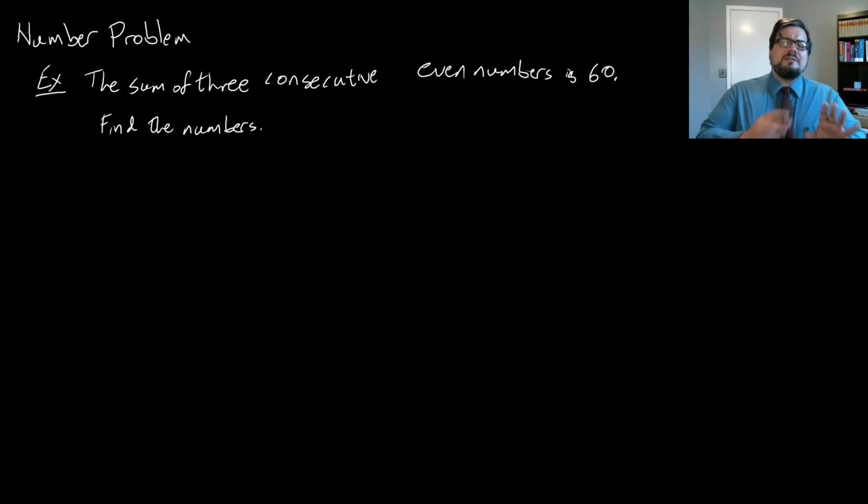Now, we could give each one of the numbers a different variable, but that's not too useful for us. We want to have as few variables as possible, usually just one. Usually we can get away with just using one variable, and we want to stick with that. So if we just want to use one variable for one quantity, we need to choose one of the 3 numbers to represent using a variable.